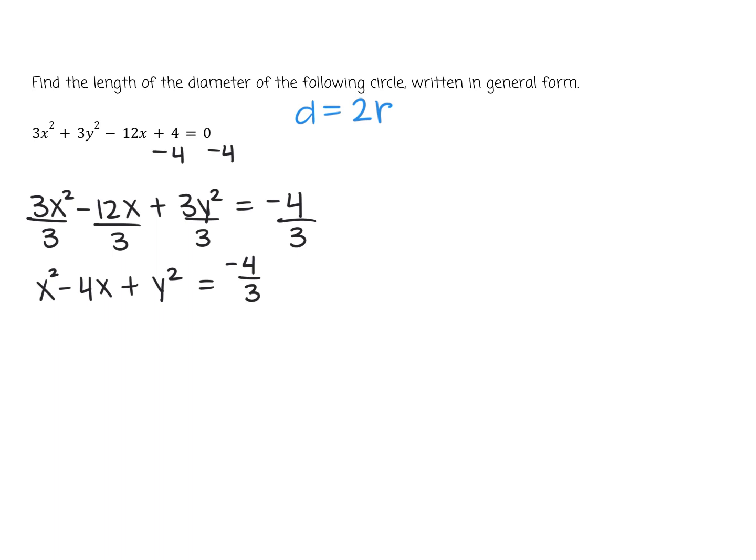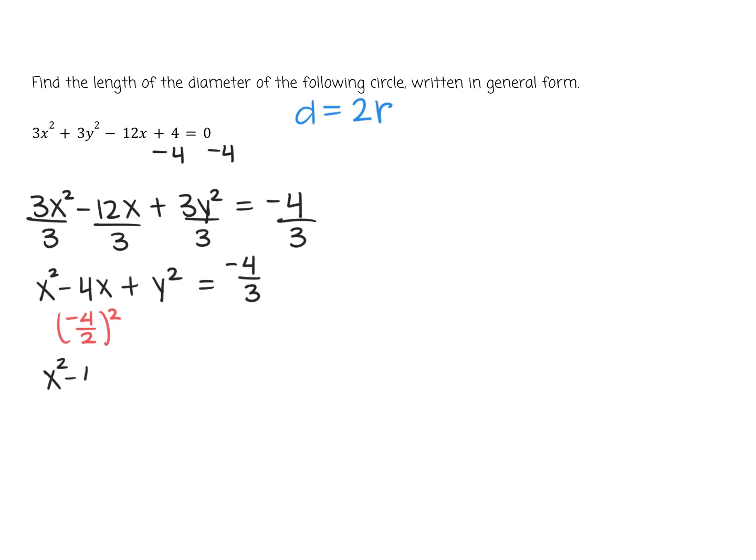When I do my perfect square part, I don't have to do anything with the y squared because there's no y term being added to it. So I just have to do the b over 2 squared with the x term, so -4 over 2 squared. So just like our last example, it's 4.